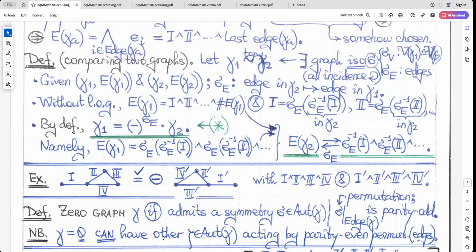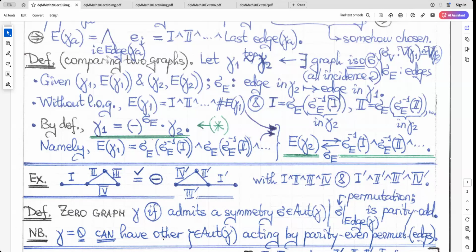You get a wedge product of edges. Some edge in our initial reference times some edge, times some edge, times some edge. Compare it with our original ordering, 1, 2, 3, 4. If it is obtained by an even permutation, the two objects are equal. Not just isomorphic, but equal.